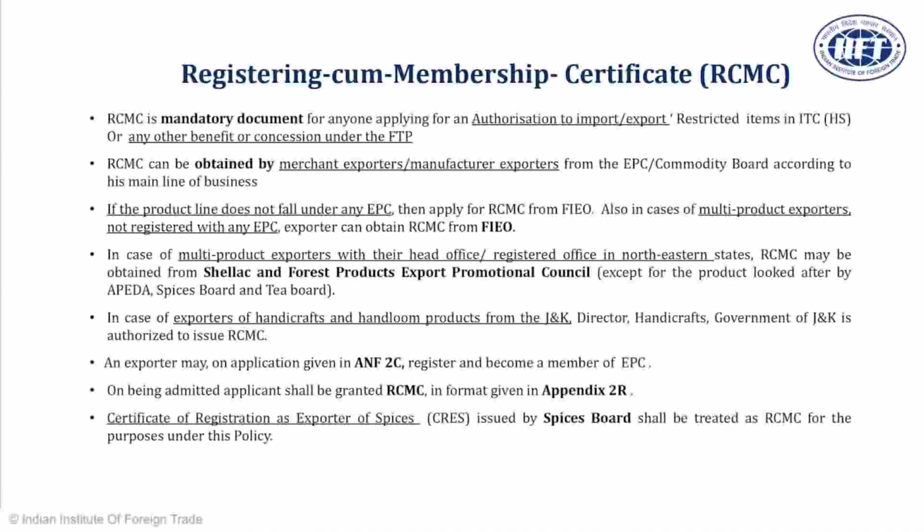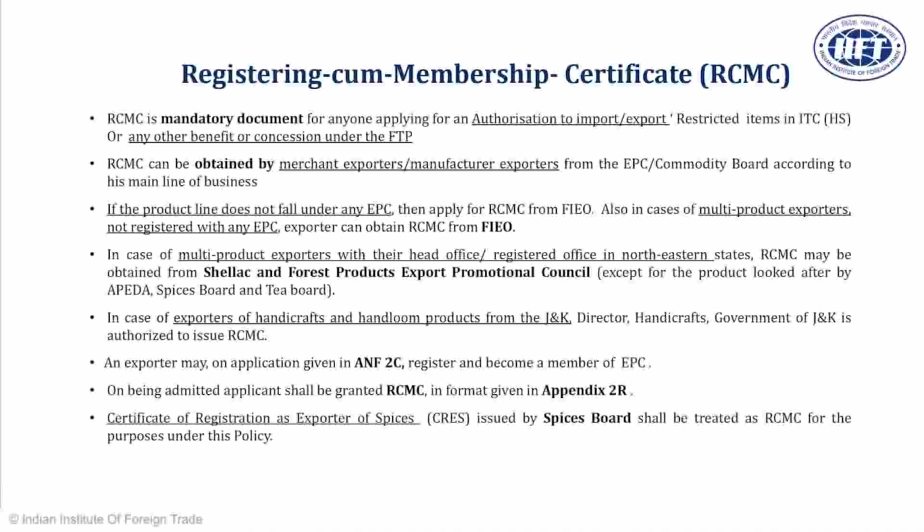Similarly, if you are an exporter of handicraft items or handloom products, then you go to the Department of Handicrafts, Directorate of Handicrafts in the government of J&K. How do you become a member? You have to fill in a form, and that form is called ANF 2C.